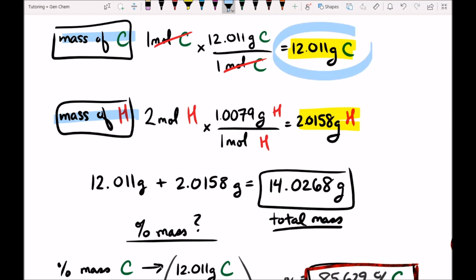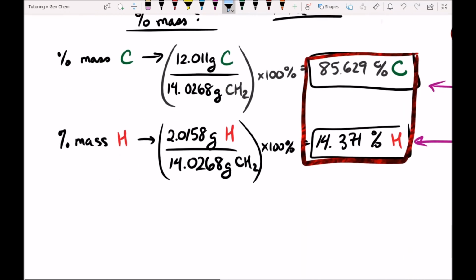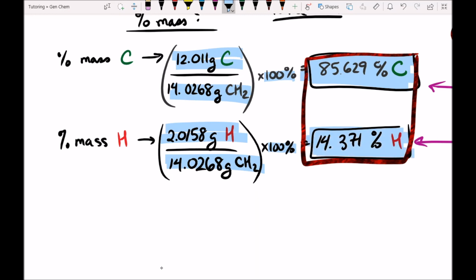We obtained those masses, added them together to get the total mass, and then divided the individual masses of carbon and hydrogen by the total mass, multiplied by 100%, and we got our percent composition by mass for carbon and for hydrogen.